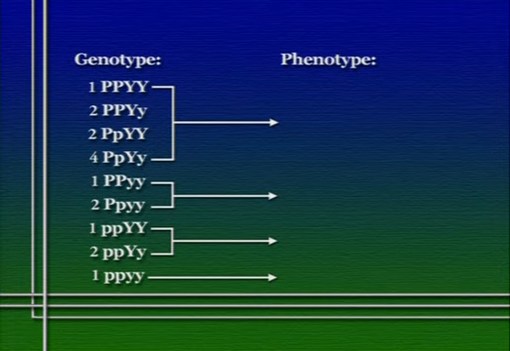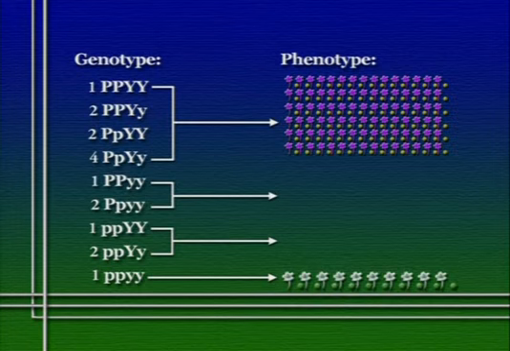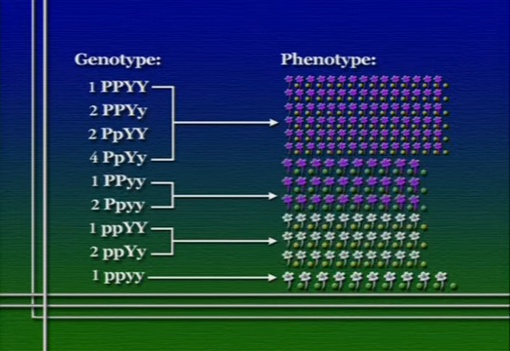So about 90 individuals would have the dominant trait for both of those characters. About 10 individuals would have the recessive trait for both of those characters, and about 30 individuals each would have the recombinant phenotypes, the two different recombinant phenotypes.